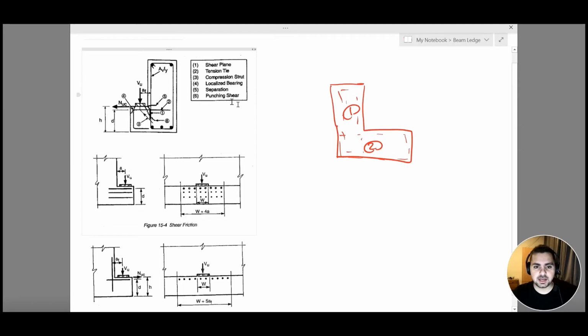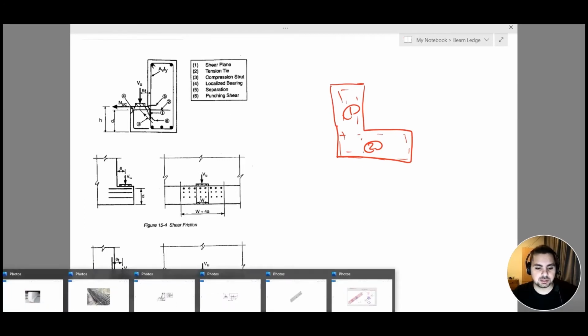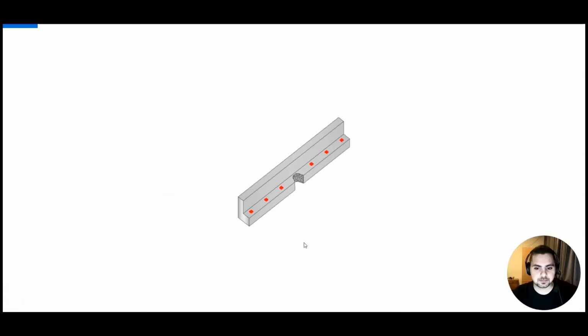Now, my final type is punching shear. To better understand punching shear, let's go to this image here. This image represents my punching shear. Along every red dot here I have a Vu that is being applied. We can see here that my Vu caused a portion of my ledge to be removed, and this is what we call a punching shear.